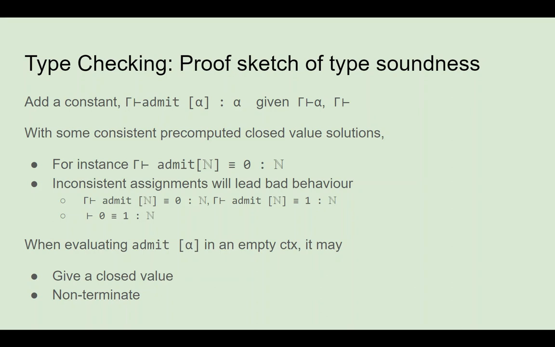We also allow some definitional equalities as long as they're closed values, and we insist that they be consistent, because inconsistent equalities can lead to bad behavior in a way that is obvious in retrospect but wasn't when we started out.